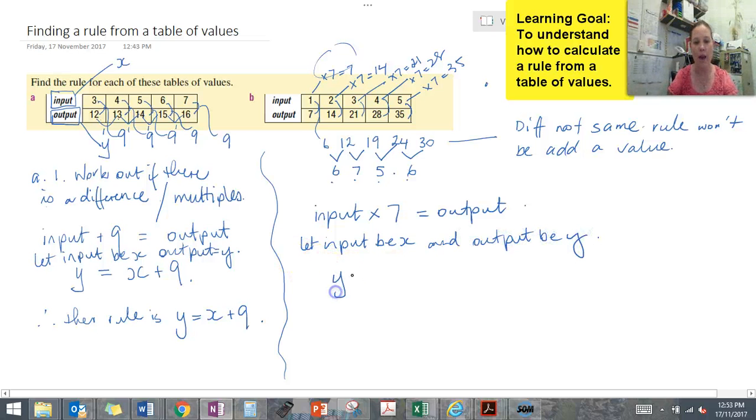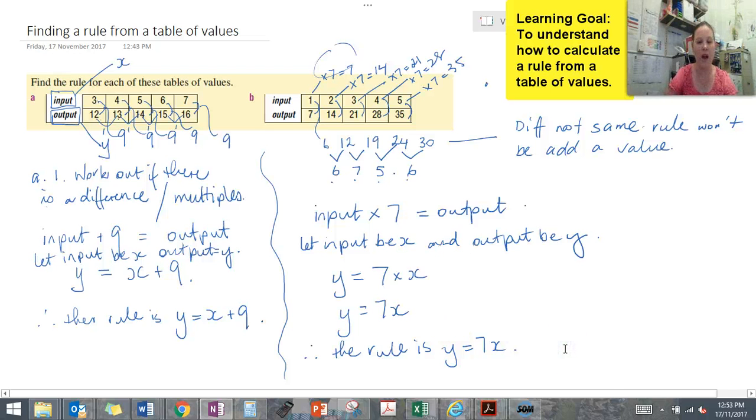So it'll be Y equals 7 times X, which we can write as Y equals 7X. So therefore, the rule is Y equals 7X. So that's how you find the two different types of rules that you might encounter for your tables.